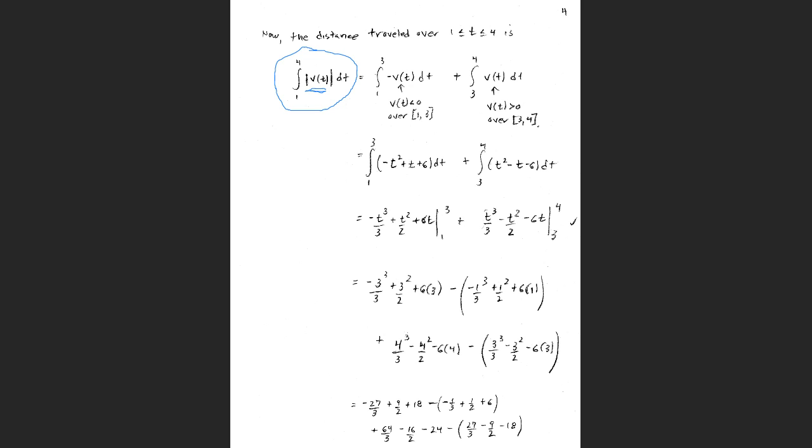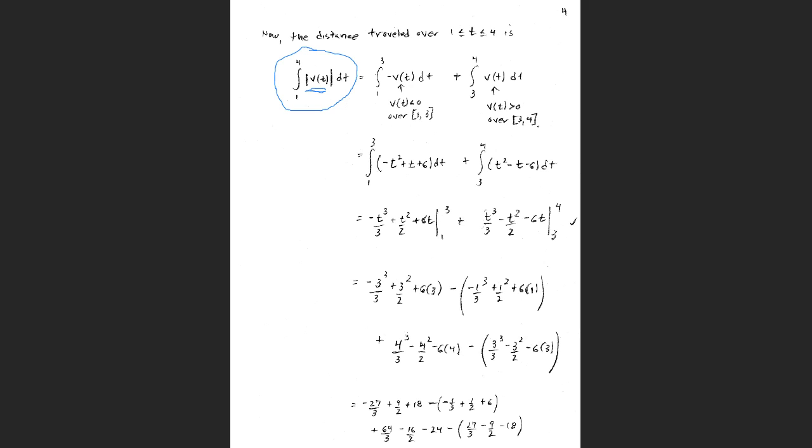Okay, because we have to take the absolute value of the velocity because the evaluation theorem, which is now the net change theorem, gives you the difference of the positions of the particle.